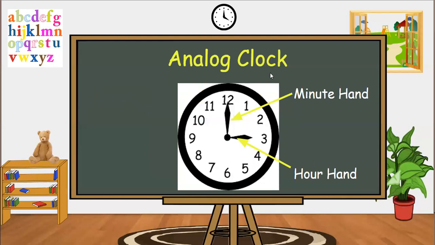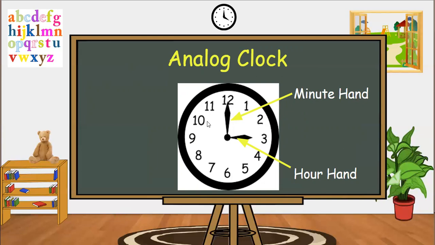Okay, now how about this one? Analog clock. The analog clock here has two hands. First is the hour hand and the minute hand. The hour hand is the small hand and the minute hand is the long hand.